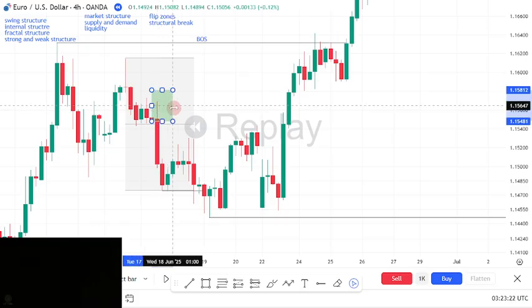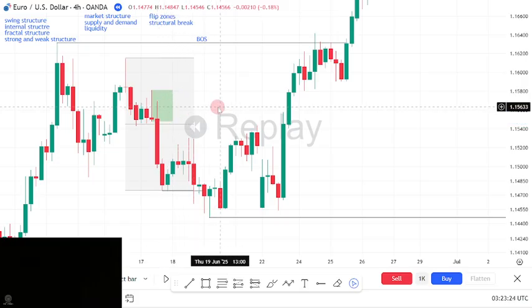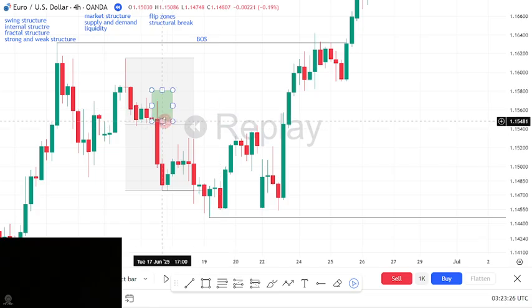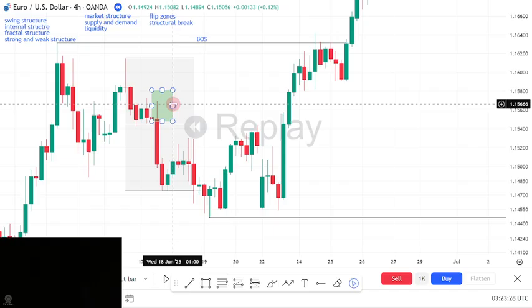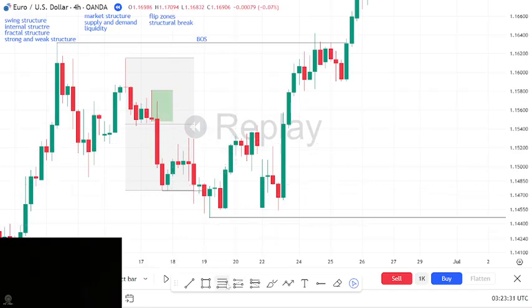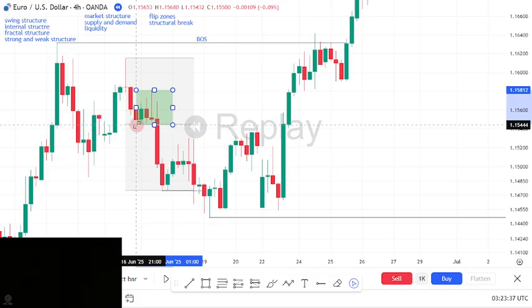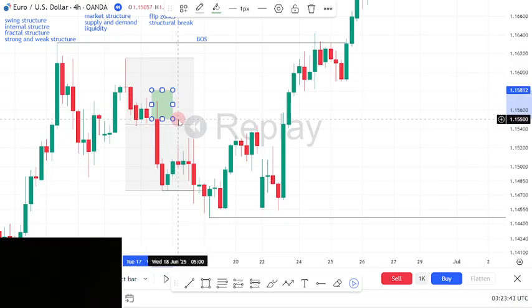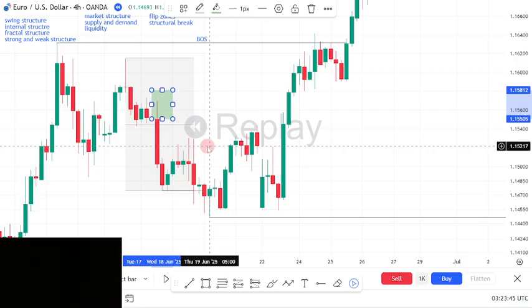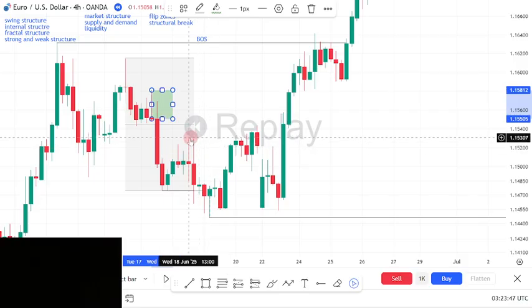We have the first area here. I'm not going to go much deeper as to how I have selected these areas. I'm just using this to explain why waiting to trade from the EQ or the premium when you are in a bearish market structure gives you higher probability than selling from discount.